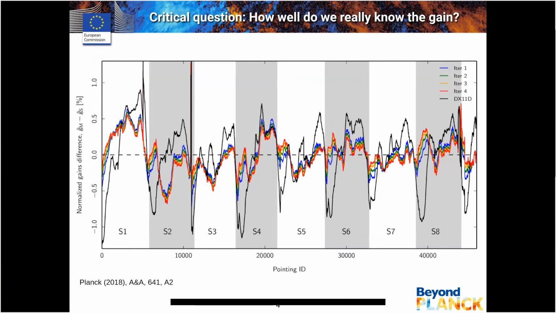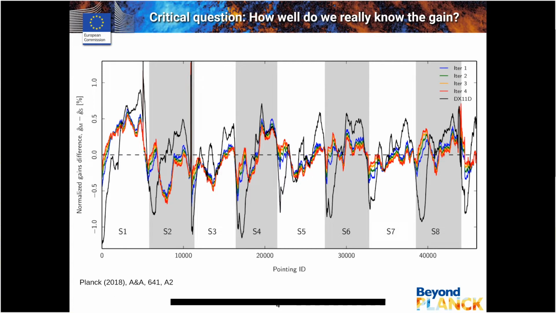As you iterate on this pipeline, the gain solution is clearly changing and looks to be converging towards some sort of new solution, but the convergence has not been achieved in these 4 gain iterations that were able to be run in the time and manpower that the official Planck collaboration had.